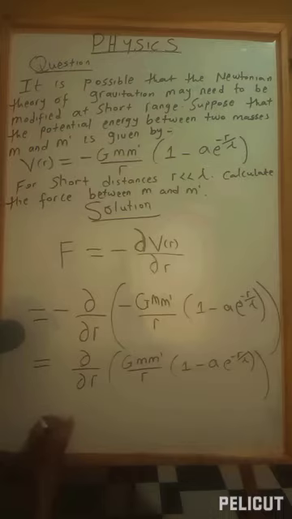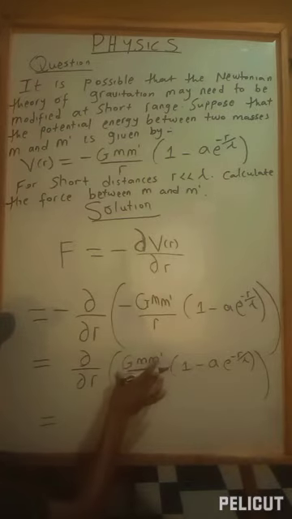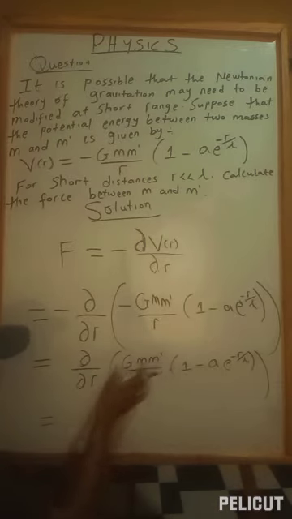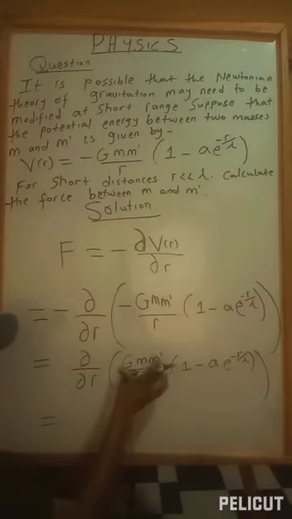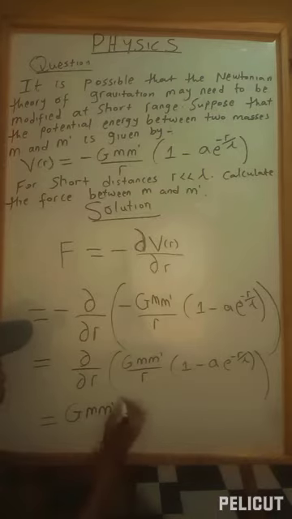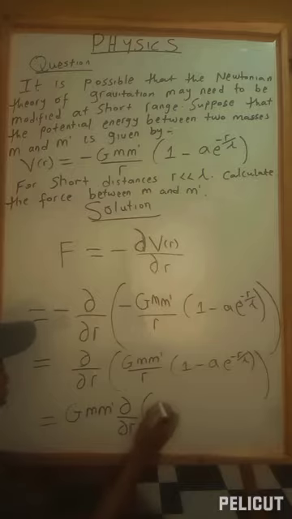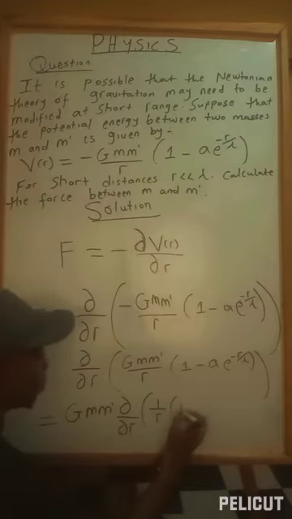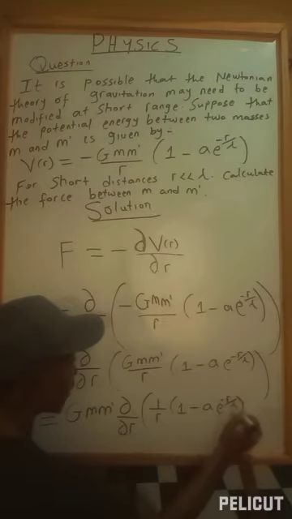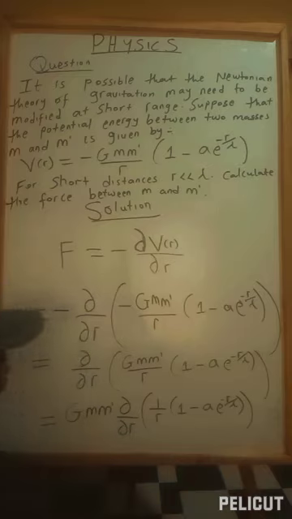Okay, so we can factorize G m m prime. Since it is a constant, it doesn't depend on r, and that's the reason for this d, because we are taking the others as constants, but we're differentiating with respect to r. So let's factorize this out. This is going to be G m m prime d/dr of 1 over r, times (1 minus a exponential of minus r over lambda).